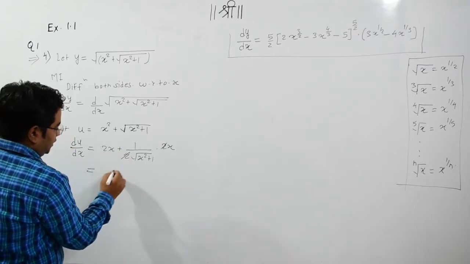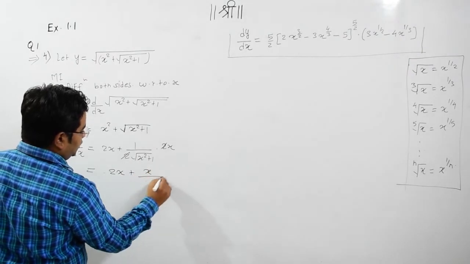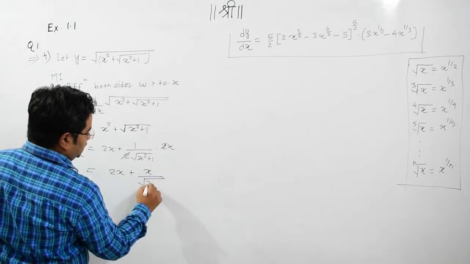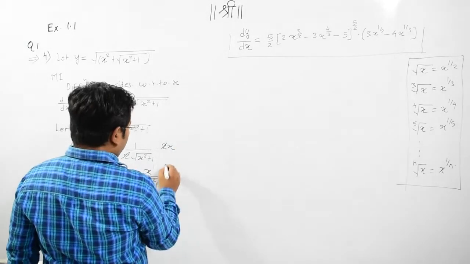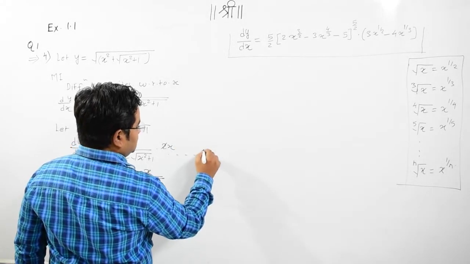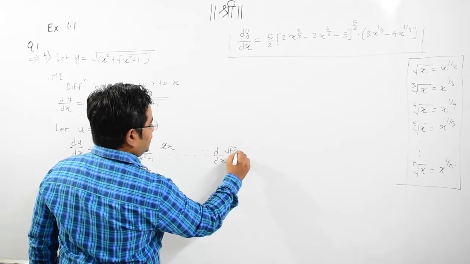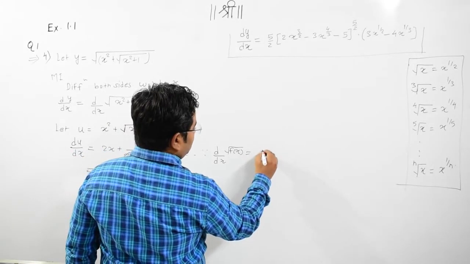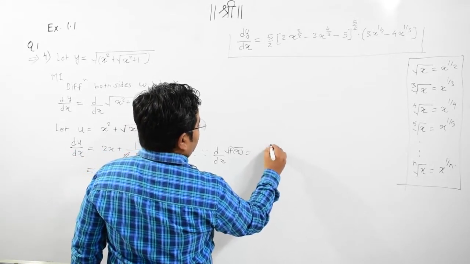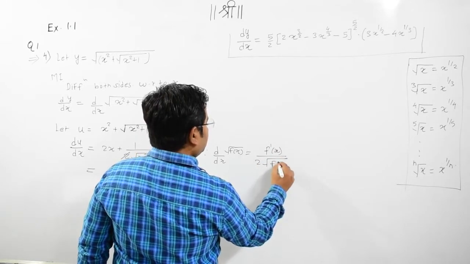So substitute the values. So 2x plus x upon under root of x square plus 1. What was that formula regarding this? d upon dx of under root of f of x is something like this: f dash of x divided by 2 under root of f of x.